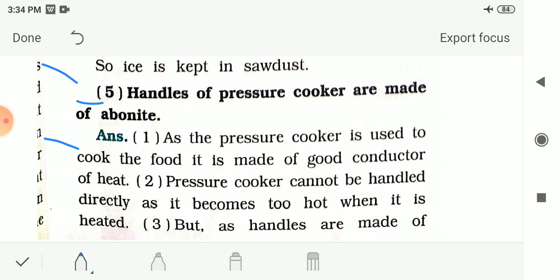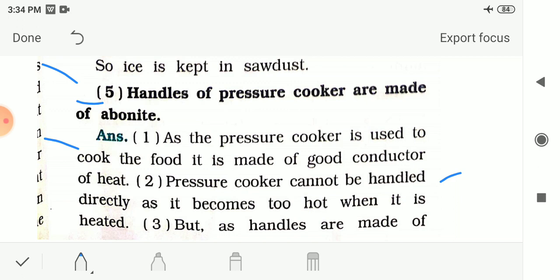So the pressure cooker is also made of metal, which is a good conductor of heat. And the pressure cooker cannot be handled directly as it becomes too hot when it is heated.